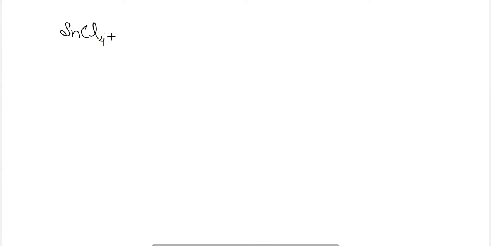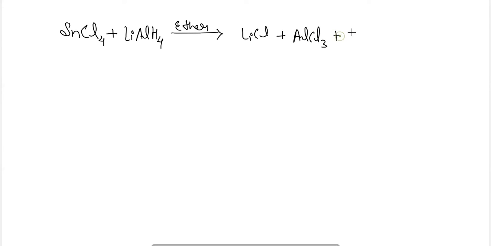Tin chloride on reduction with lithium aluminium hydride in ethereal solution will give lithium chloride, aluminium chloride and stannane, that is, tin hydride. So these are some of the preparation methods for covalent or molecular hydrides.